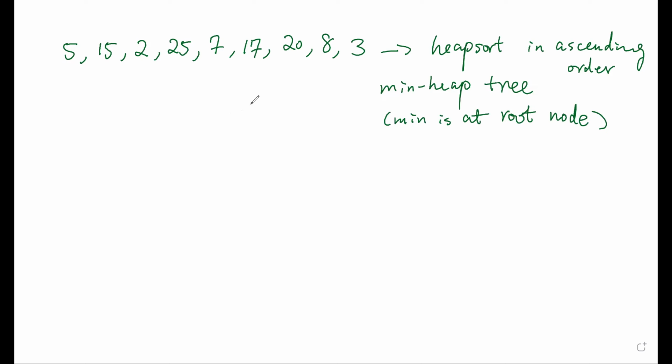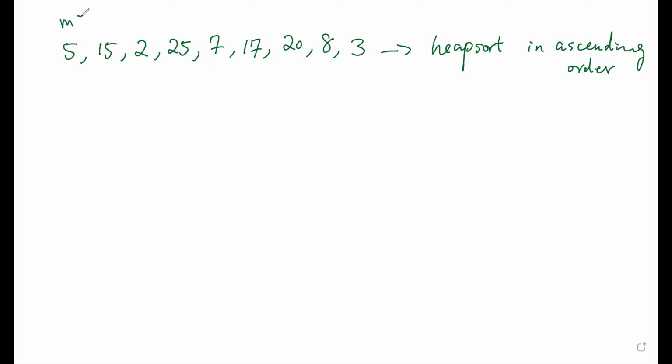Does anyone have a recommendation for me? Anyone try to help me complete this? First, we need to build the tree, get all of the numbers into the tree, and the tree needs to be a min heap tree. How do we do that?